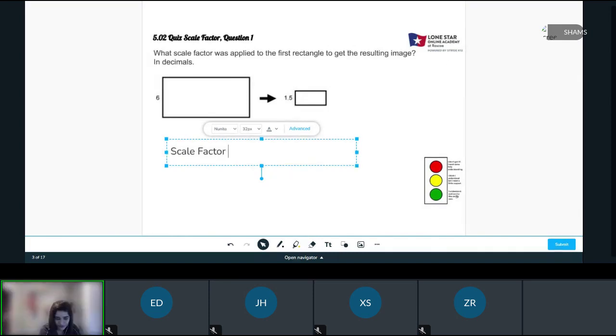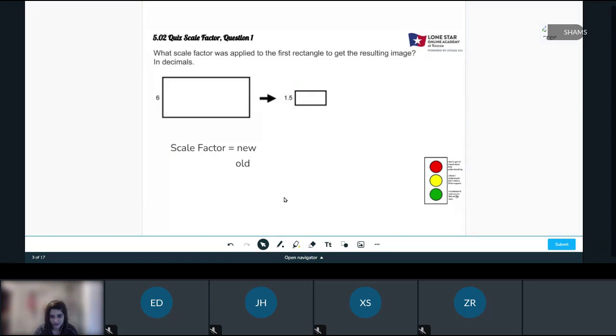A very easy way to find scale factor: you use a ratio or a fraction and you do new over original or old. Use a fraction bar, hand-drawn fraction bar, new to old. This will tell you the scale factor, and simplify it. Go to the new one.